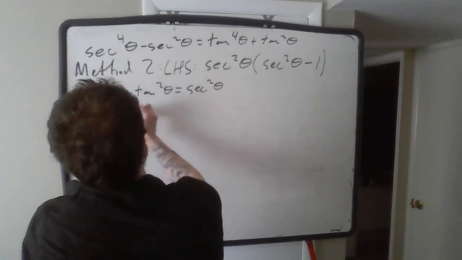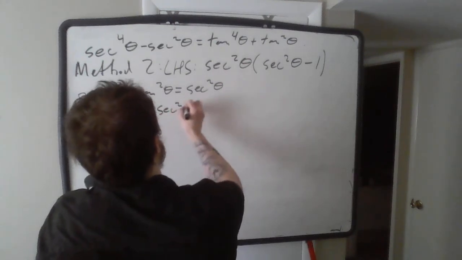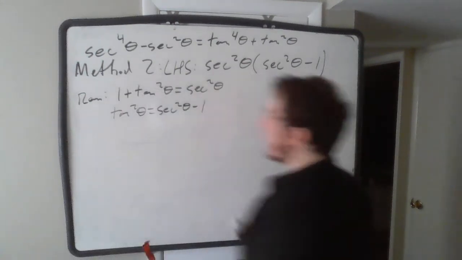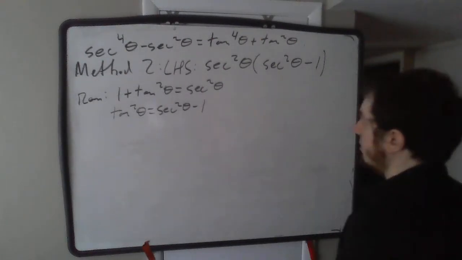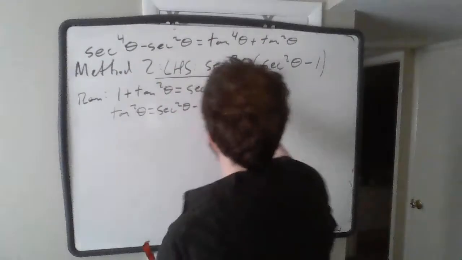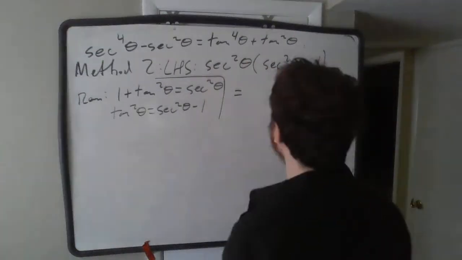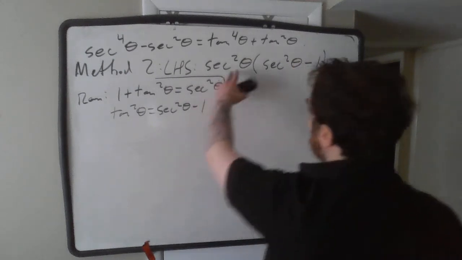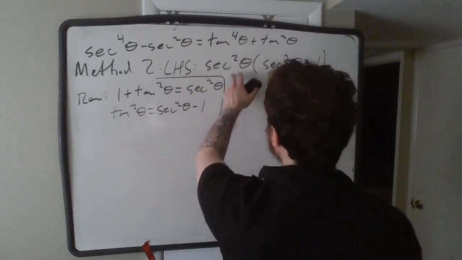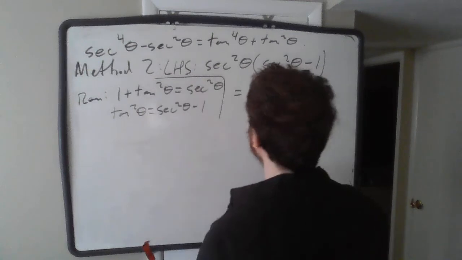That means that tangent squared theta is equal to secant squared theta minus 1. So that is just the Pythagorean identity rewritten a little bit. So this left-hand side is actually going to become, I guess I'm actually going to rewrite both of these things. So I'm going to replace this secant squared theta with 1 plus tangent squared.